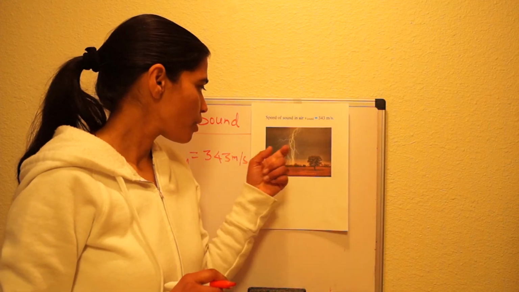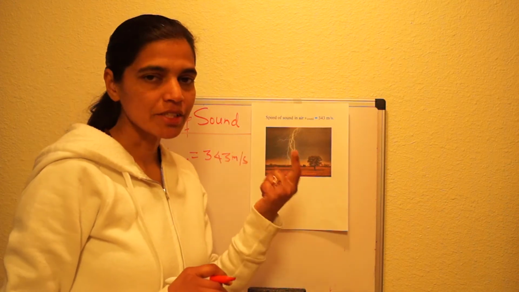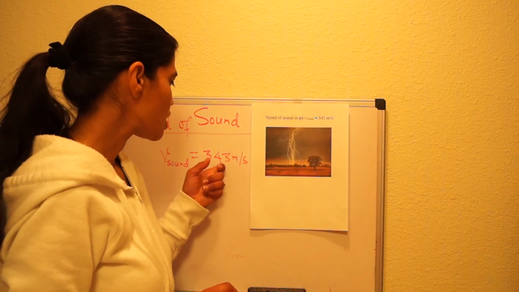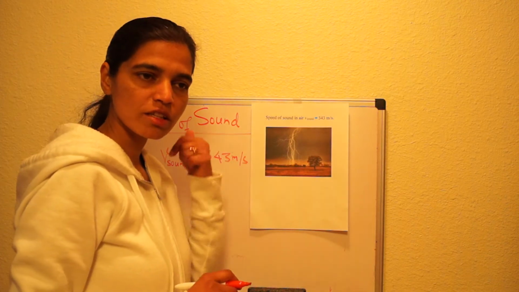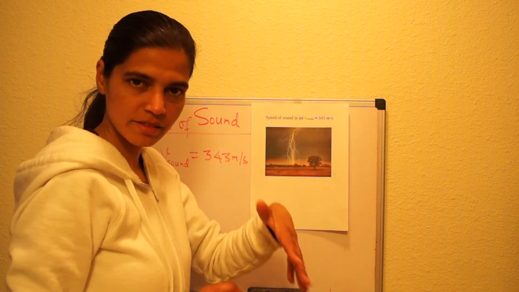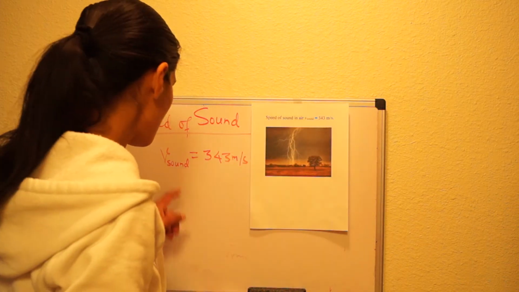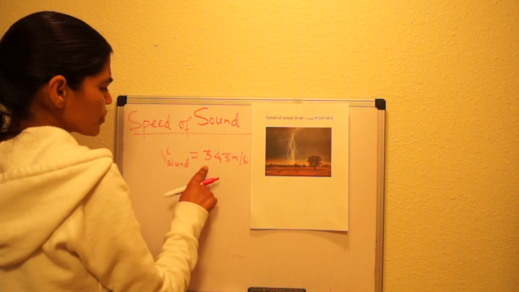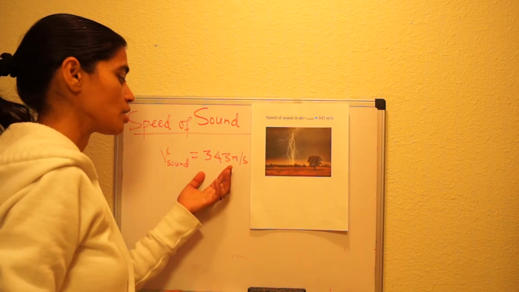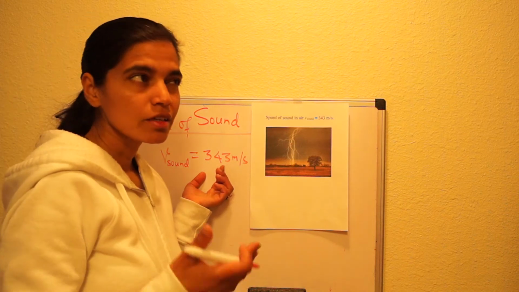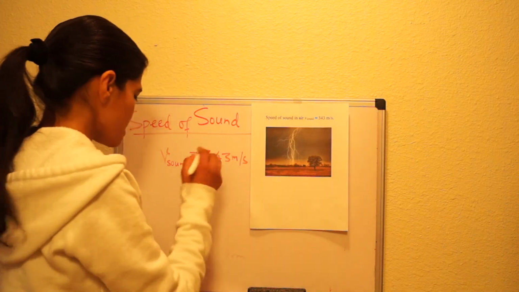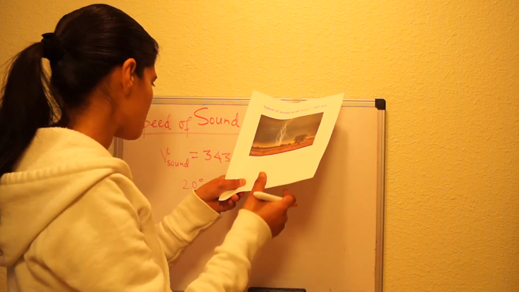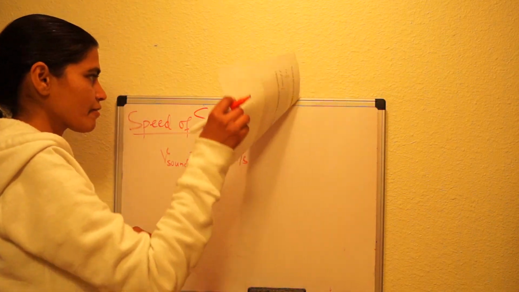But the speed of the sound we hear is 343 meters per second, a lot lower than the speed of light, okay? So 343 meters per second is an accepted value. This is considered to be the speed at a temperature of 20 degrees Celsius. So at 20 degrees Celsius, this is what we consider as the speed of sound in air.